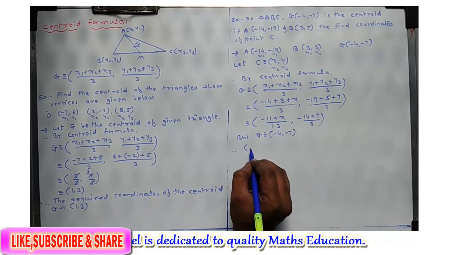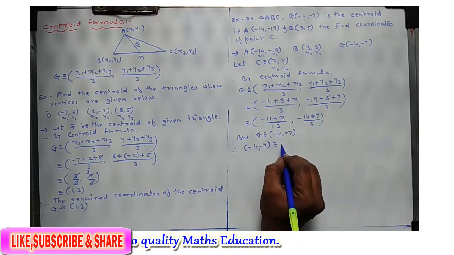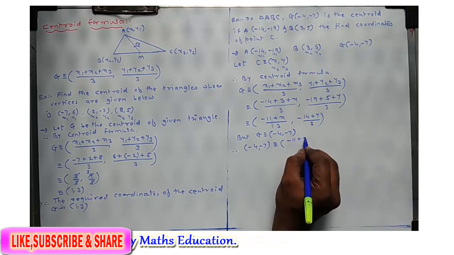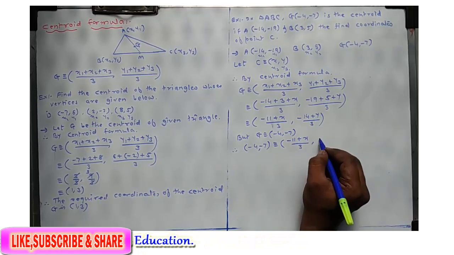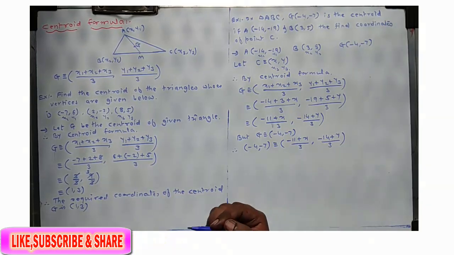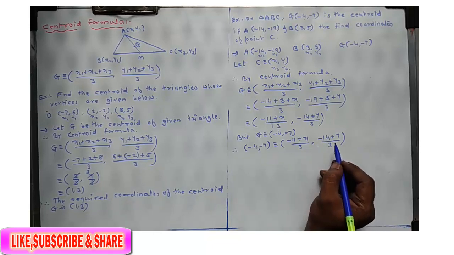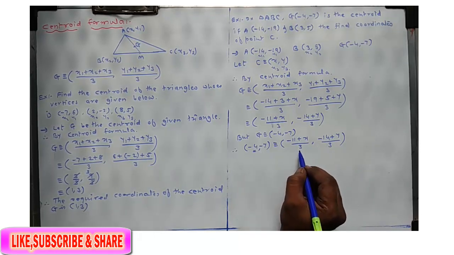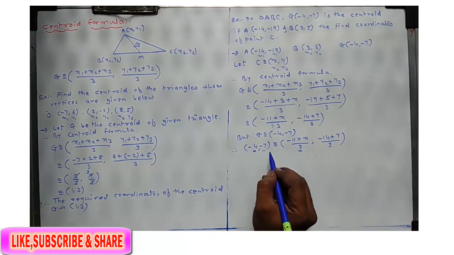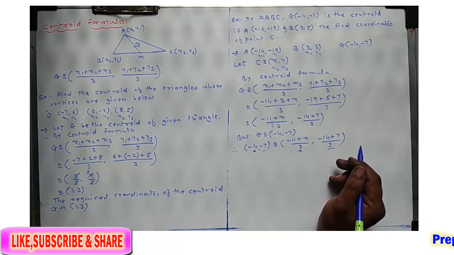And therefore (-4, -7) is equal to (minus 11 plus x upon 3, minus 14 plus y upon 3). Just compare the x and y coordinates, because one is the coordinate of point G given in the question, and this is by the formula. So the x coordinate of the left-hand side is equal to the x coordinate of the right-hand side, and the y coordinate of the left-hand side is equal to the y coordinate of the right. Just compare them and find x and y.